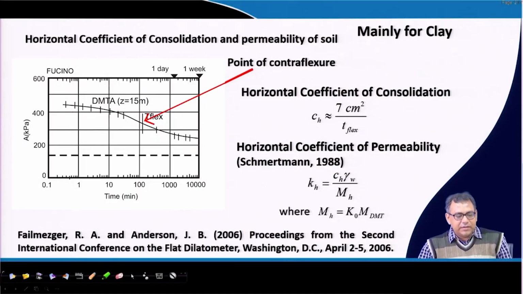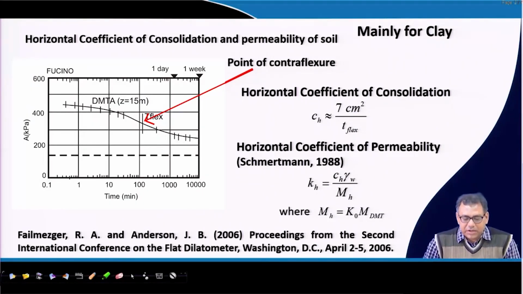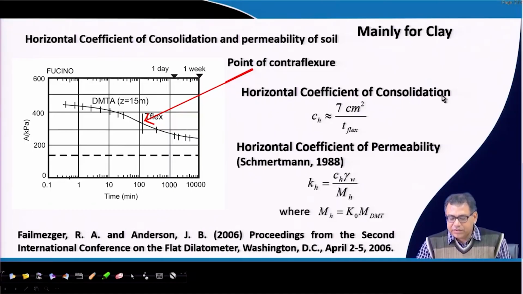Now, the next one is to determine the horizontal coefficient of consolidation and the permeability of the soil, and these correlations are also for clay. So, previous correlations are for clay, and these correlations are also for clay. So, I will get the horizontal coefficient of consolidation, that is Ch.